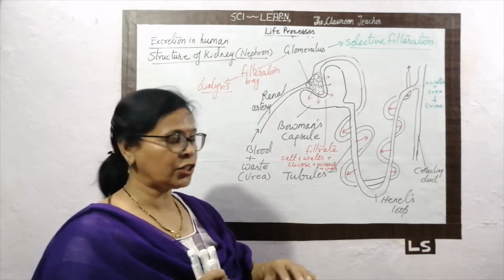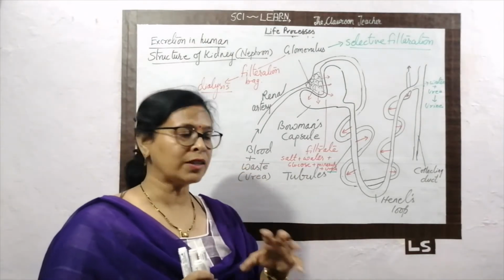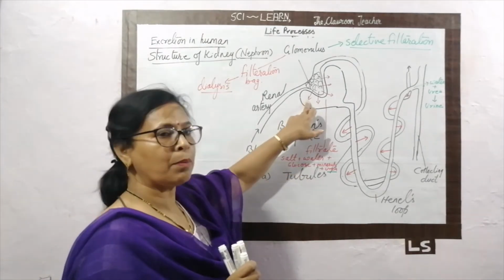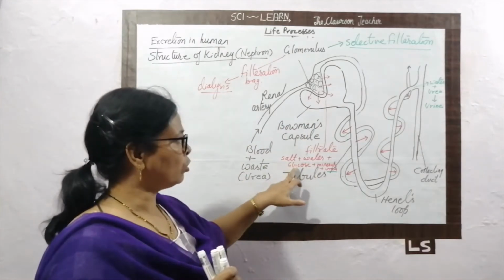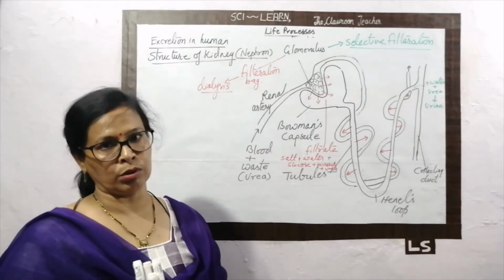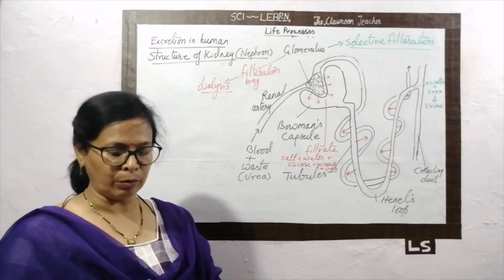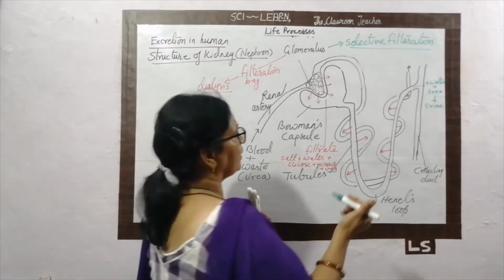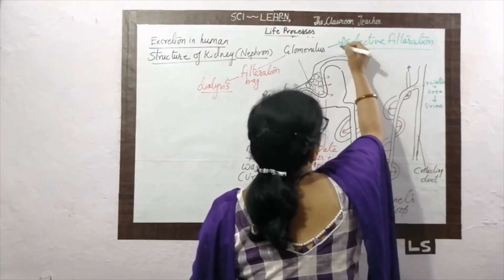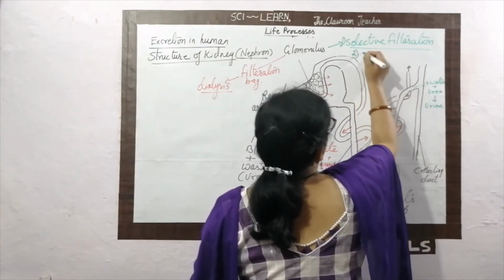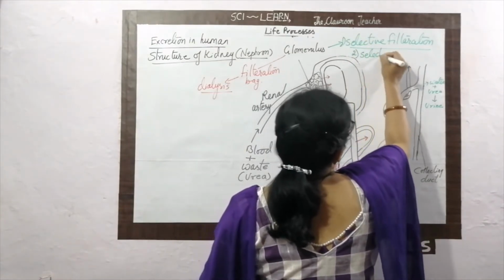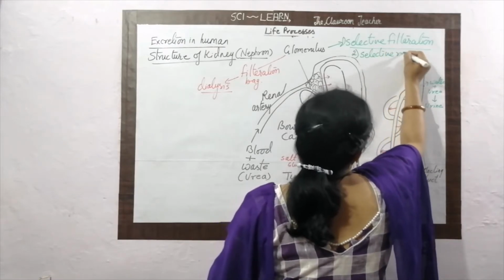After selective filtration, the water and the dissolved substances reach the Bowman's capsule, which contains water, salt, glucose, minerals, and urea also. These are not all waste substances. So one more function performed here: the first is selective filtration, the second is called selective reabsorption.